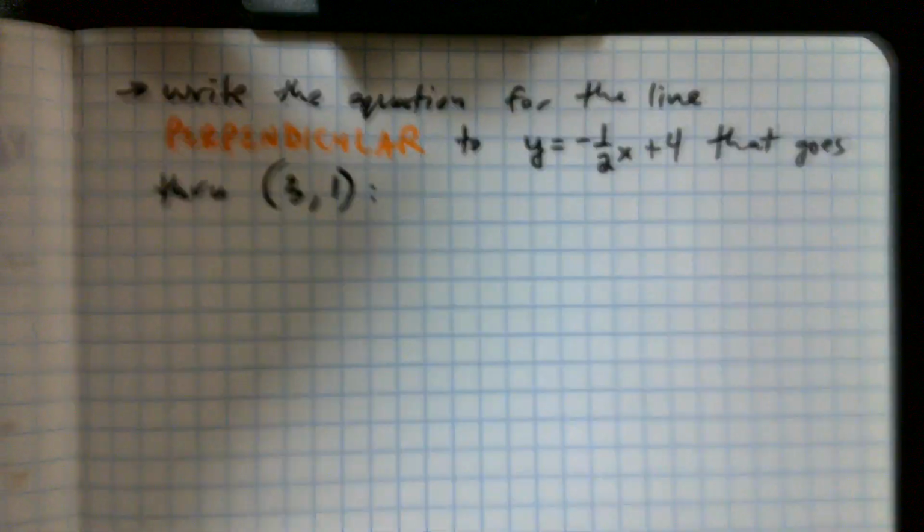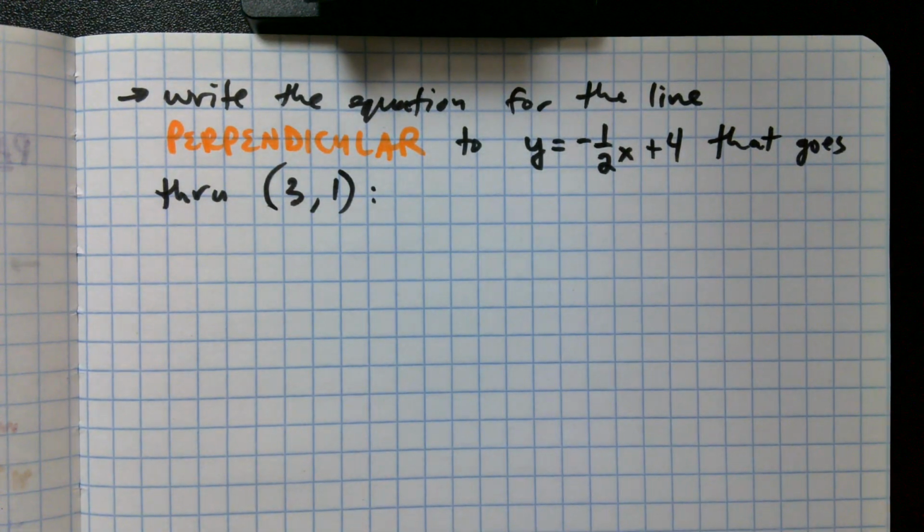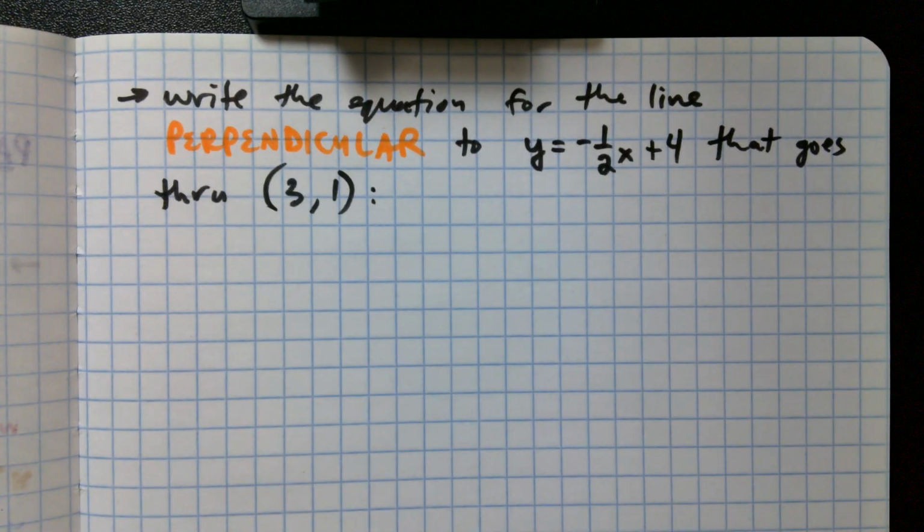Same idea as before. We're going to write the equation for the line, this time perpendicular to this line, that goes through the point (3, 1).